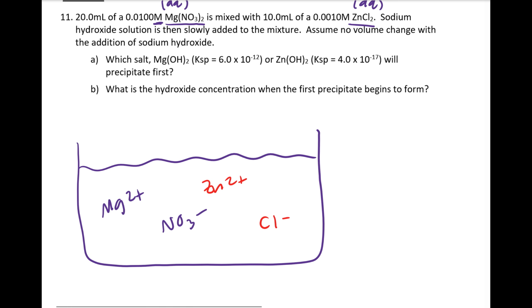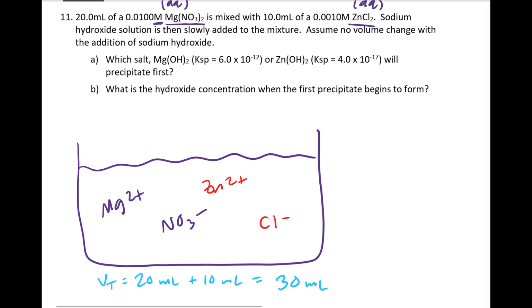We mix these two solutions together, so the volume is now a little bit bigger. Those 20 milliliters plus 10 mils, our total volume is 30 mils. Essentially, we are diluting these two mixtures as we pour them together.